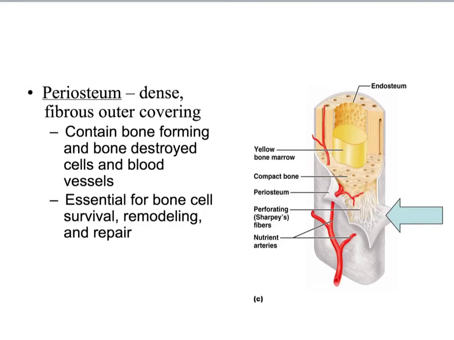And it contains bone-forming and bone-destroying cells, as well as blood vessels. And both of those types of cells are important for bone cell survival, remodeling, and repair. So either for growth, or if you broke your arm or your leg and you have to repair that bone, that's where those cells are going to come from to repair your bone.